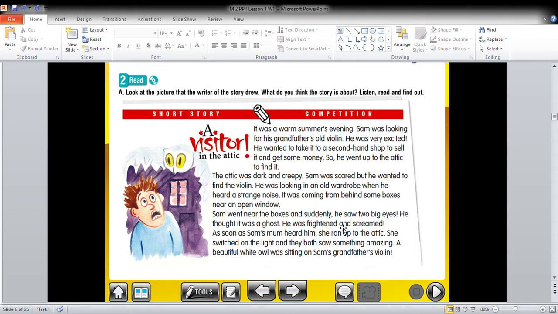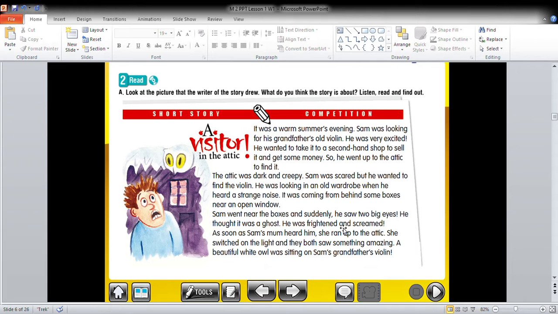Listen carefully. It was a warm summer's evening. Sam was looking for his grandfather's old violin. He was very excited. He wanted to take it to a second-hand shop to sell it and get some money. So he went up to the attic to find it. The attic was dark and creepy.